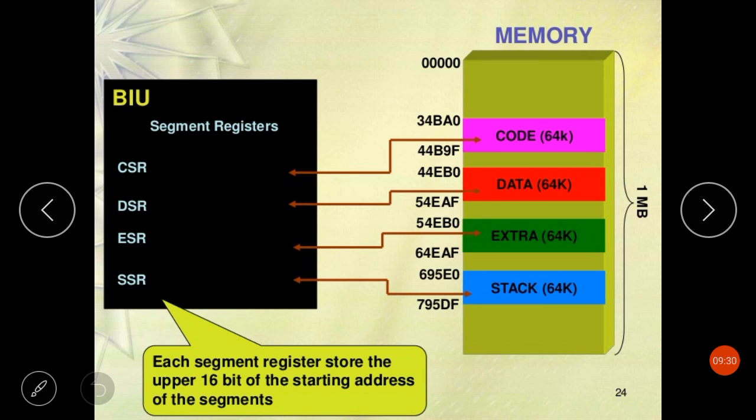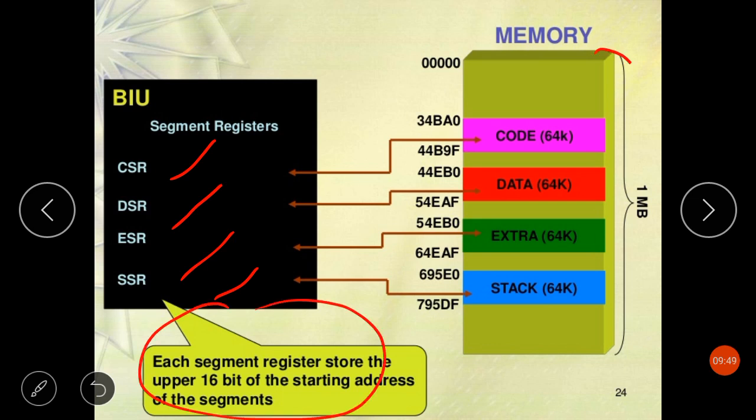As I have told you, in the bus interface unit there are 4 segment registers: the code segment register, data segment register, extra segment register and stack segment register, and each segment register stores the 16 bits of the starting address of its segment.